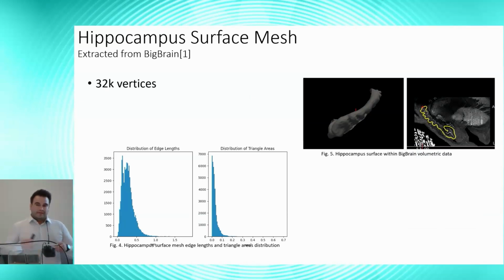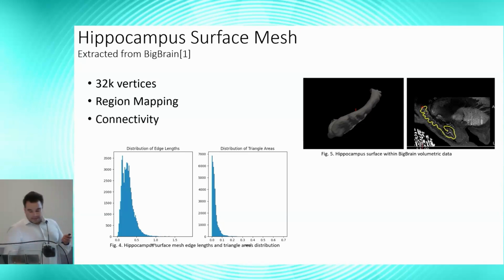This means that our brain-region-specific network model is a graph of 32,000 nodes, where within each node there is a neural mass model interaction. We have vertex-level region mapping and also connectivity mapping for the surface mesh.